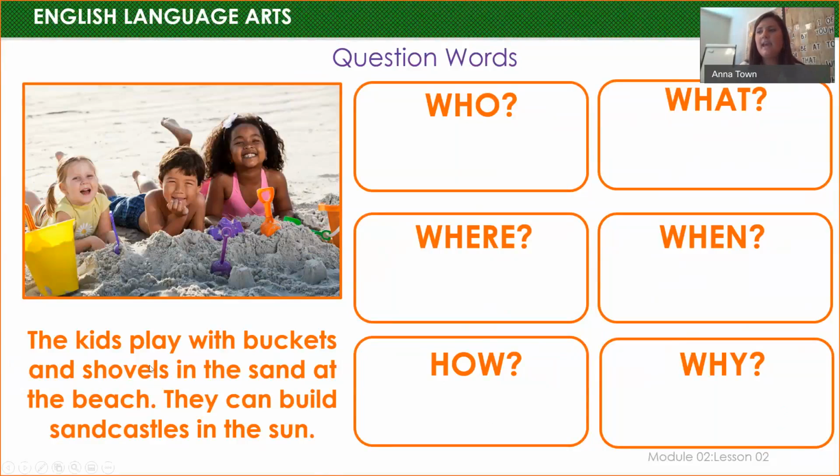The kids play with buckets and shovels in the sand at the beach. They can build sandcastles in the sun.